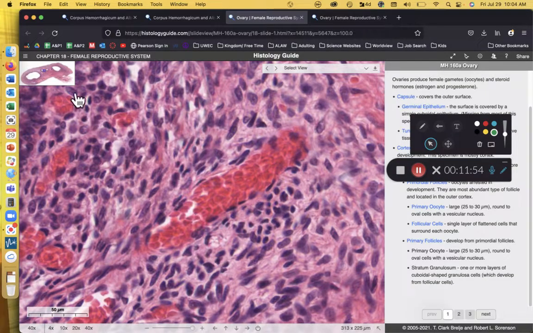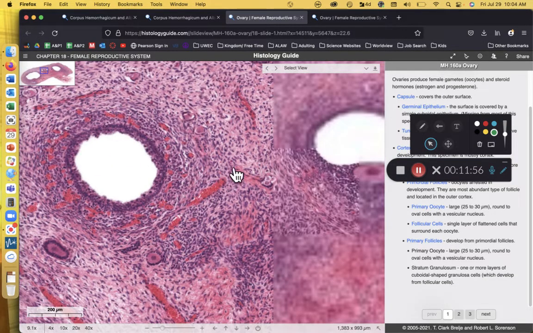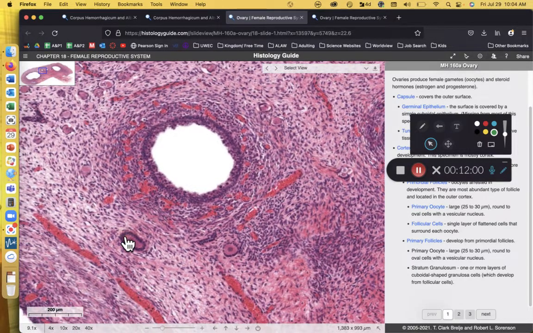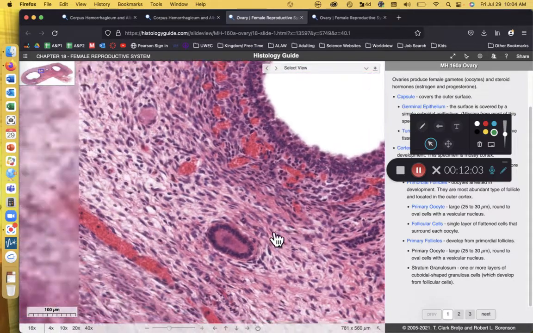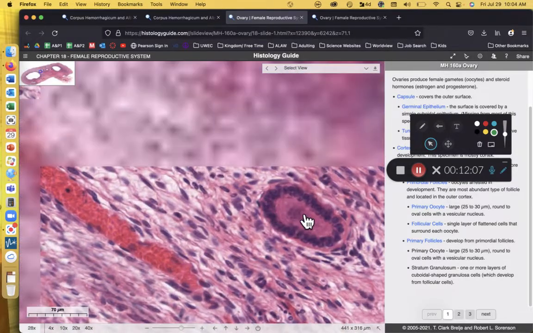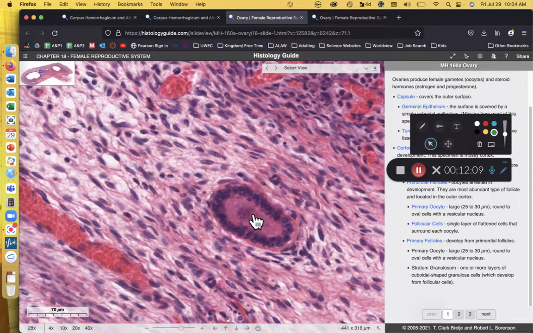Oops, wrong button here. Let's zoom out. Sometimes with our secondary follicles, we can just start to see a clear space forming in them. But the key thing I want to emphasize for you with the secondary follicles is they have two or more layers of cuboidal cells wrapping around the outer edge of that follicle.